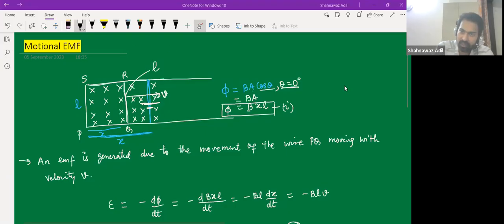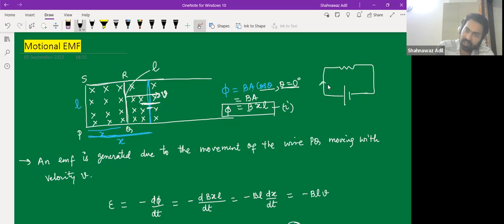If you have this circuit like this, can you tell me what would be the direction of the current? From where to where does the current go? From positive to negative, from higher potential to lower potential.